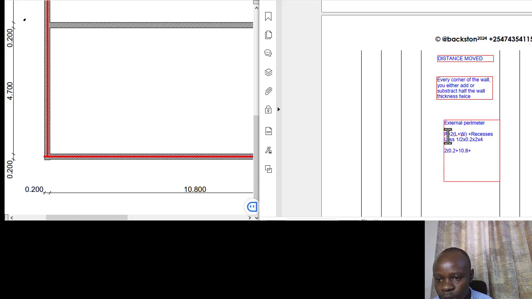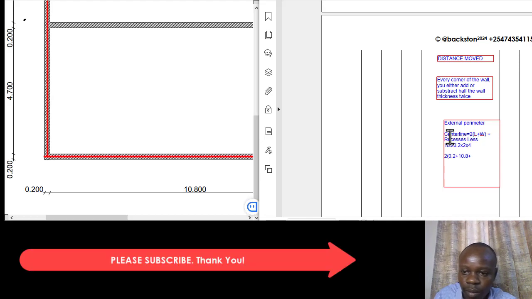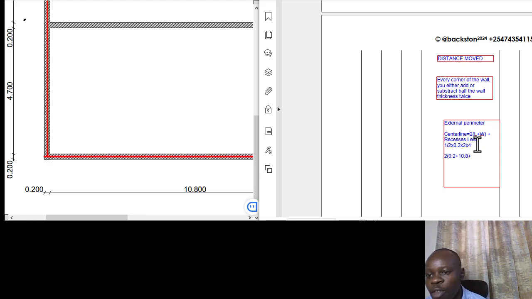Okay, so this is a center line. Center line is therefore equal to the perimeter, which is 2 into length plus width, and then you add the recesses, and then you subtract now half times 0.2, which is the thickness of the wall, times 2 on every corner. On every corner we are going to be considering the half of the wall twice.